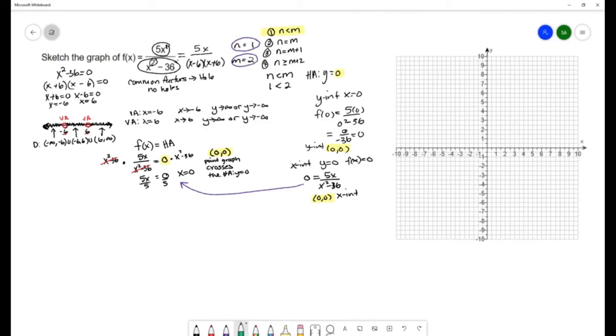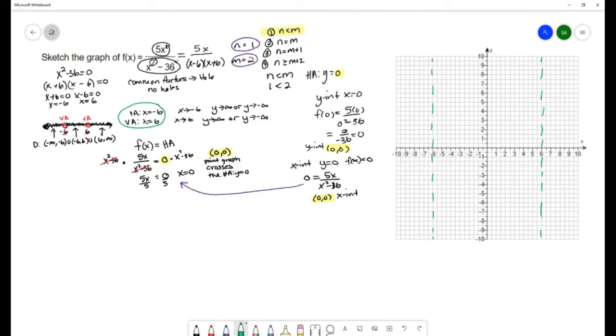We have learned that we have vertical asymptotes at x equals -6 and +6. So I'm going to draw a vertical dashed line at x equals 6 and a vertical dashed line at x equals -6. These vertical dashed lines are going to act as guides on how to draw the graph.